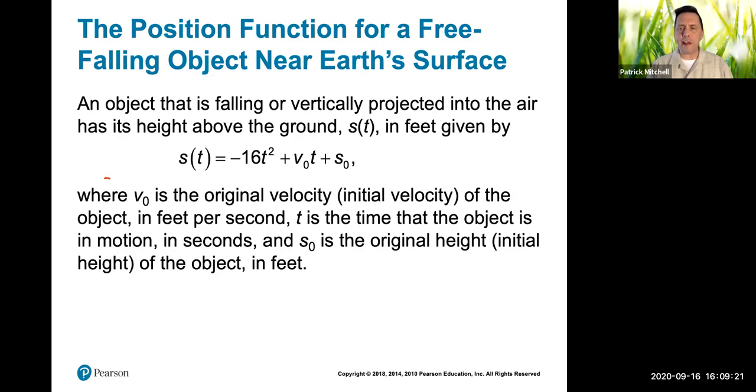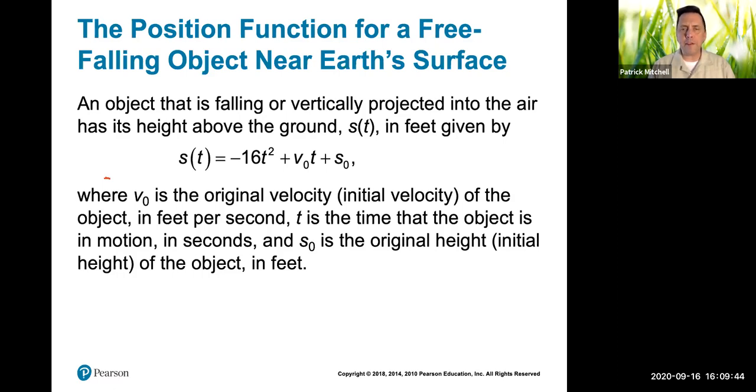So we're going to do this application. An object that is falling or vertically projected into the air has its height above the ground, s of t, in feet, given by this formula, s of t equals -16t squared plus v0 times t plus s0.